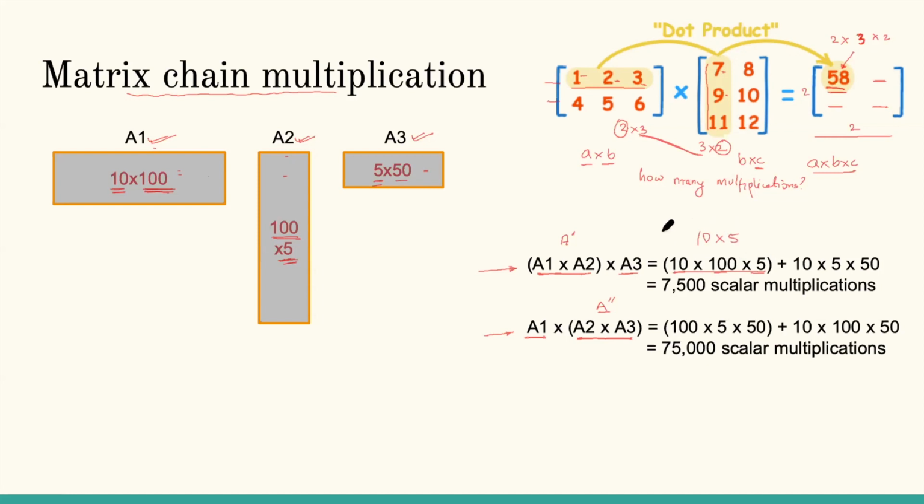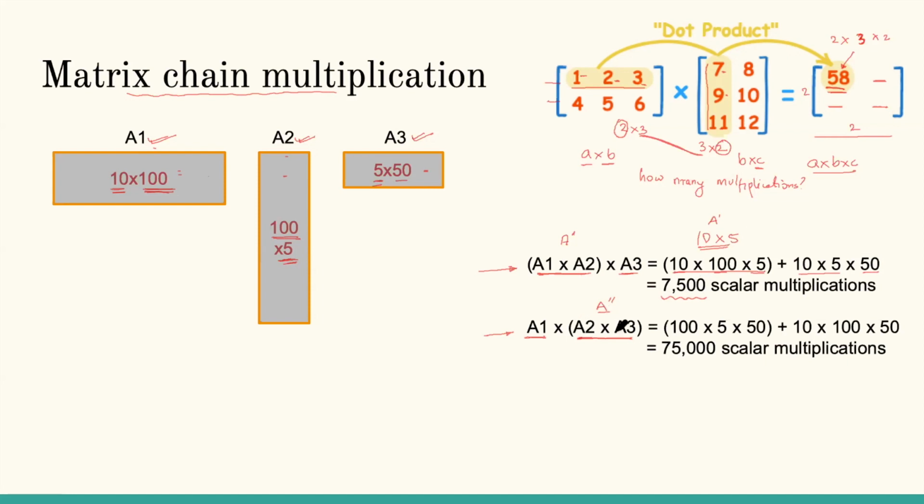Now, we have to multiply this matrix, A dash, with the matrix of dimensions 5 by 50. So the total number of scalar multiplications here will be 10 times 5 times 50. This gives us around 7,500 scalar multiplications.